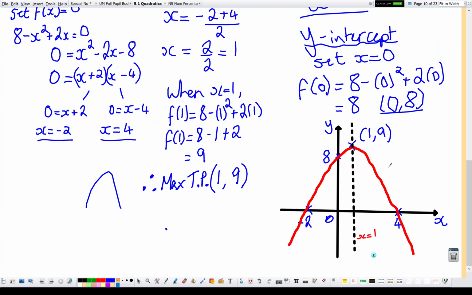Okay, and that is the graph. We should get in the habit of marking it on. That is f of x, that is 8 minus x squared plus 2x. That is the graph of 8 minus x squared plus 2x, and that's all the points that we need.